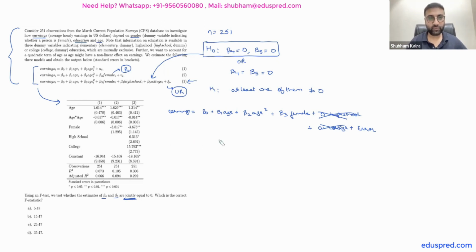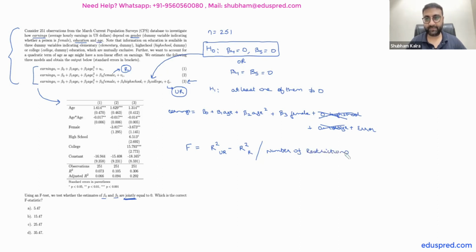Now we have to use the F formula. The F formula that we have is R square of the unrestricted model minus the R square of the restricted model divided by the number of restrictions. I'm deliberately not using any notations over here because notations may lead to some confusion.